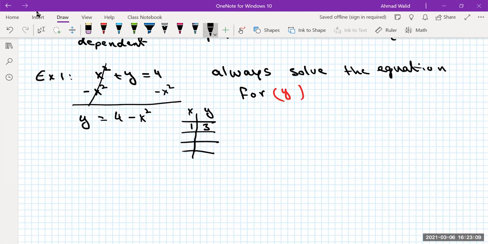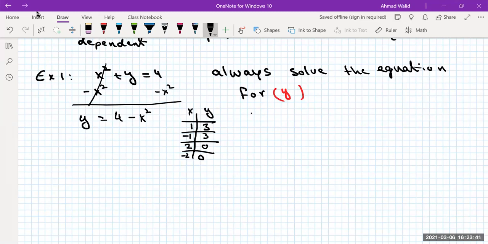Or if I plug in negative 1, negative 1 squared gives me again positive 1. 4 minus 1 gives me 3. If I plug in 2, 2 squared is 4. 4 minus 4 gives me 0. If I plug in negative 2, negative 2 squared again gives me positive 4. 4 minus 4, 0.